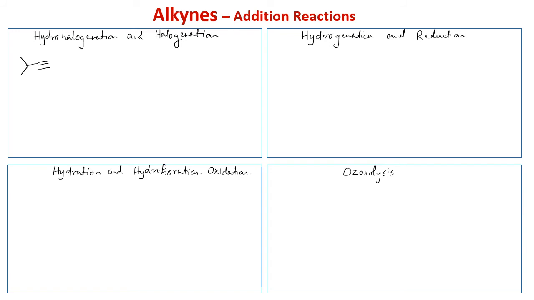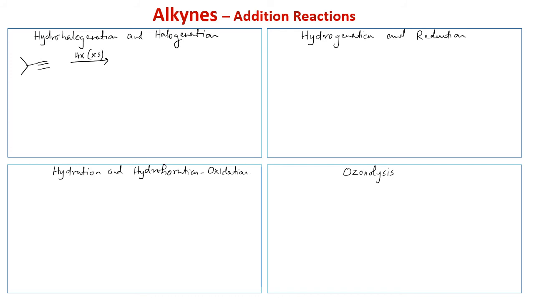Okay, so if we take this molecule and do a hydrohalogenation, which is the addition of HX, since we have two pi bonds here, I'm going to use an excess of the HX because I have two bonds. So you need at least two equivalents.